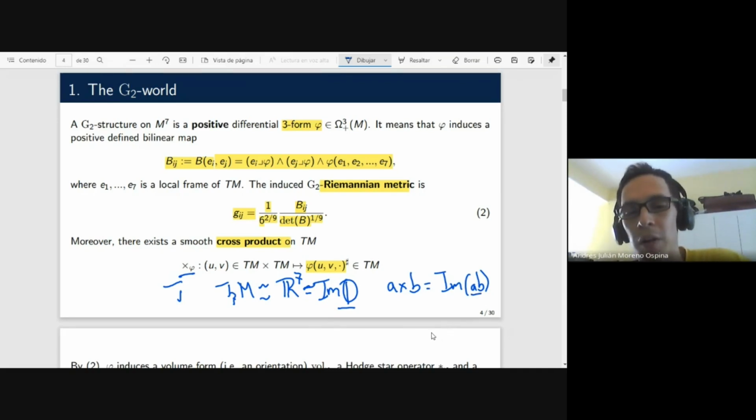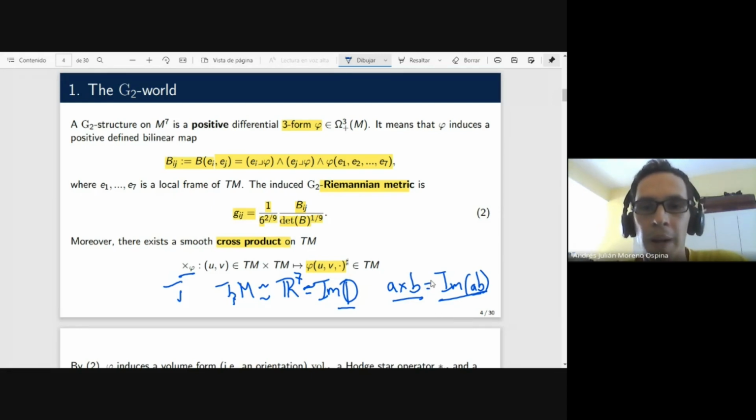In this way, you can also define a G2 structure as a cross product which is related at each point, in a smooth way, with the canonical cross product of the octonions. You can think of this like the construction of the cross product of R3 using the quaternionic product.